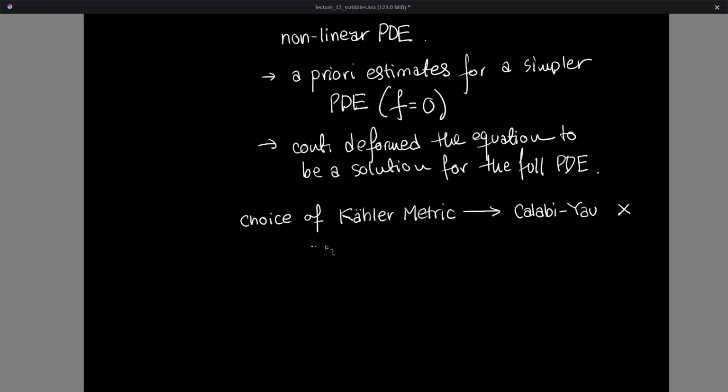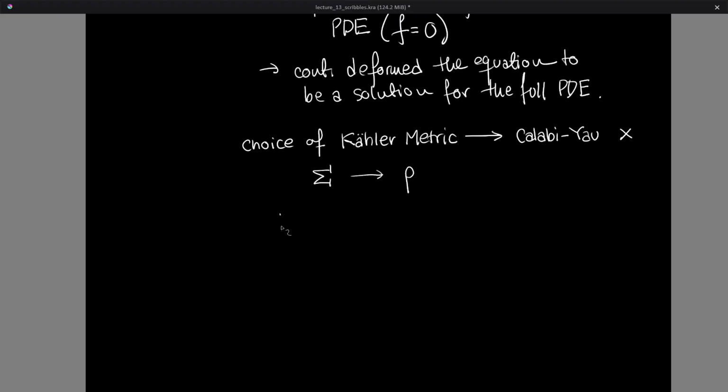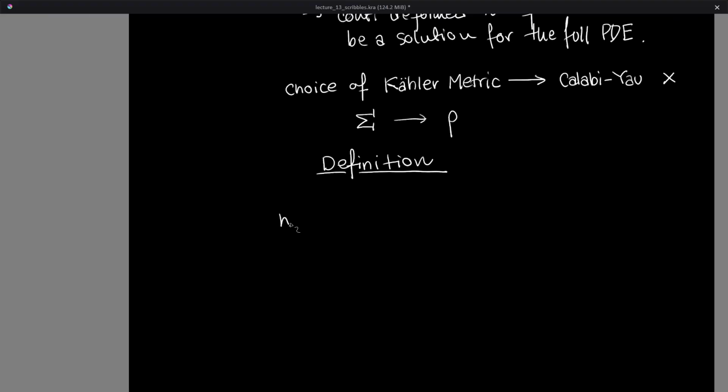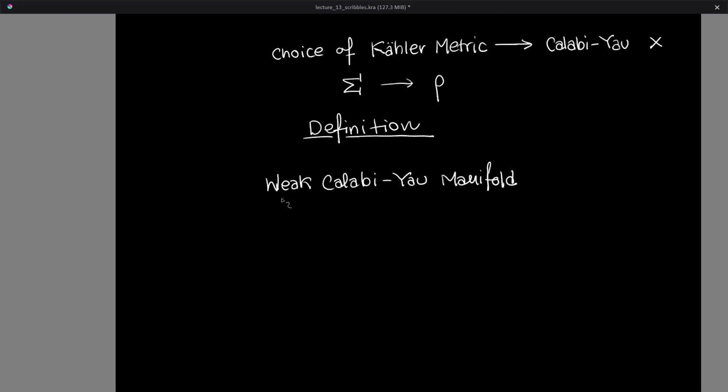So if, let's say, we choose any sigma, then rho could be whatever sigma we chose as our symmetric 2-form. Here's where we define our first version of a Calabi-Yau, a weak Calabi-Yau, it's what I'm calling it, a weak Calabi-Yau manifold. I'm going to be calling Calabi-Yau manifolds Calabi-Yaus because it's common to call them that.